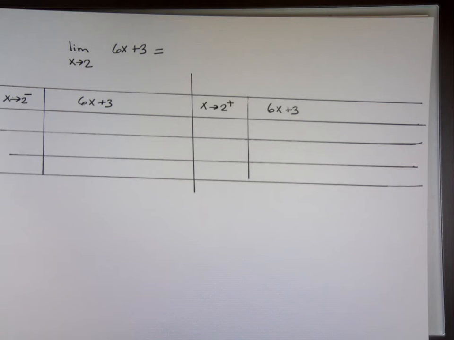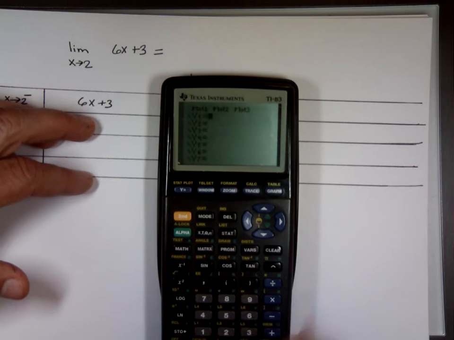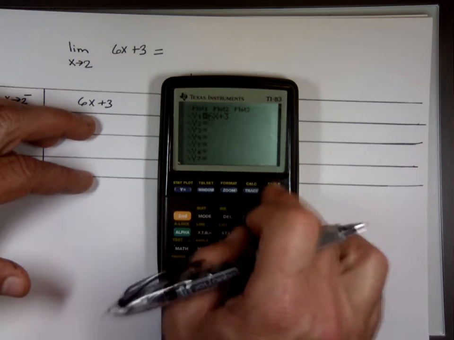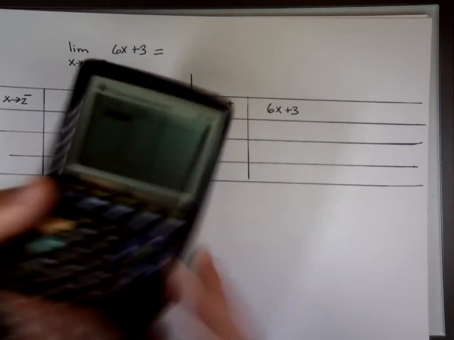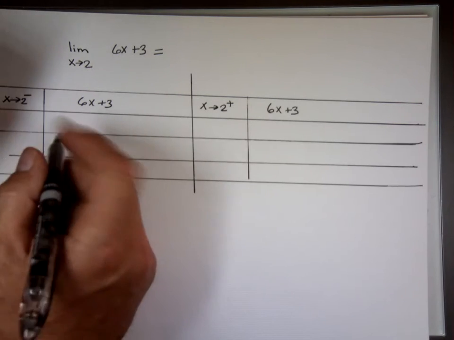Okay, let's go back and type this function in. 6x plus 3. And go to table. 2 from the left side. I don't know why I picked 2 again, but it seems like I like 2 today.